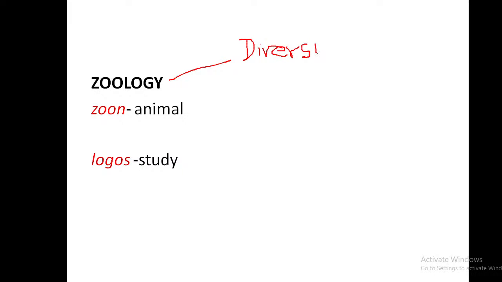There are a large number of animals. In the first slide I showed the diversity. Zoology deals with the diversity, and the structure of animals, how they are built.